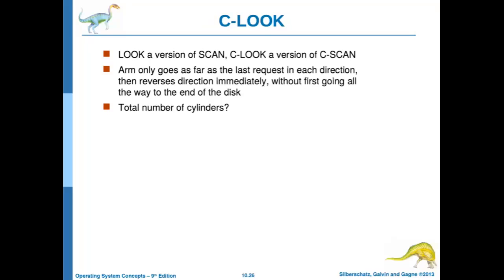So for example, if in the previous example you saw from 183, it moves to 199 and then 0, something like that. Rather than doing so, it won't go to 199, but it will go as far as the last request in each direction. Okay. So when you see the example, you will come to know that.